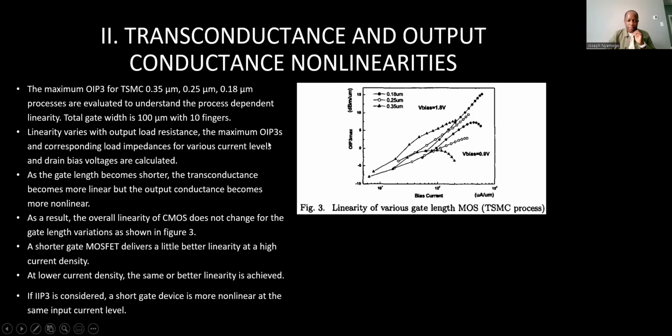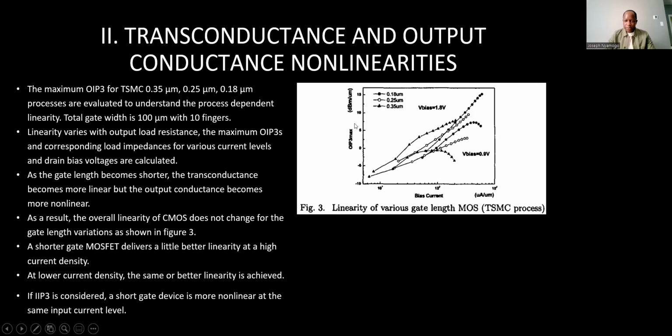The maximum OIP3s and corresponding load impedance for various current levels and drain bias voltages are calculated. As the gate length becomes shorter, the transconductance becomes more linear, but the output conductance becomes more nonlinear. As a result, the overall linearity of CMOS does not change for the gate length variations shown in figure 3.